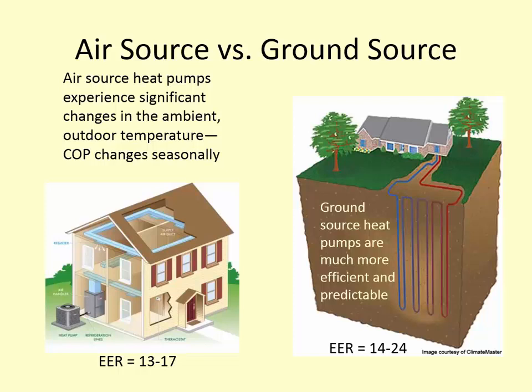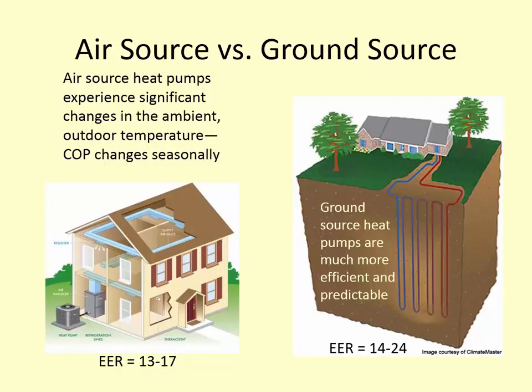But there are some heat pumps, I don't know of anyone around here that does this, that are ground source heat pumps. So rather than using the air as the temperature source or the temperature sink, they use the ground. So they pump water through the ground, which a certain number of feet below the surface, the ground temperature is just constant. It's like 58 degrees or something like that year round.